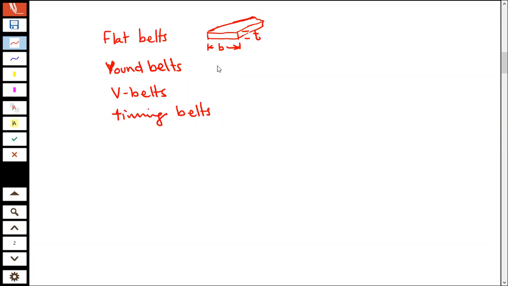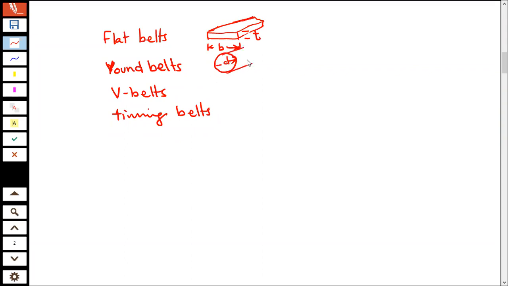So we get the flat belt and the round belt. Round belt again has a cross section which is round, and the diameter is basically the parameter that you have. Okay? So it's just a round belt.